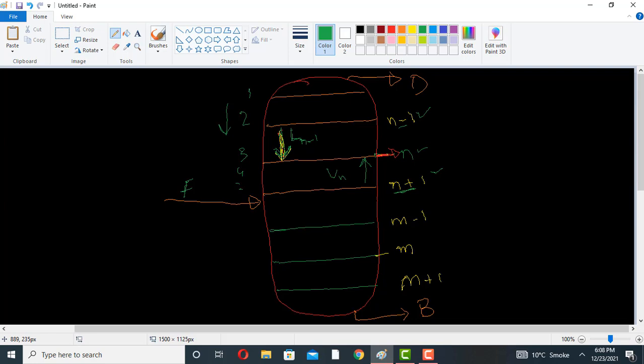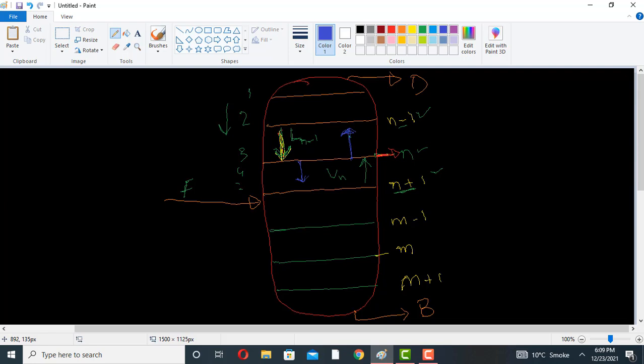Similarly, two streams are leaving this plate number N. One is this stream, and this stream is also leaving plate number N. This one is in liquid form, and this one is in vapor form.